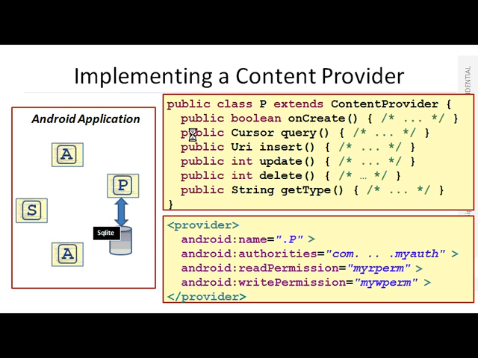Keep this in your mind, and I'm again repeating: the applications that provide their data to other applications will implement the content provider, and the applications that access other applications' data will implement the content resolver.